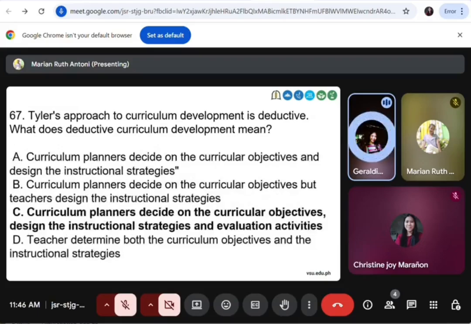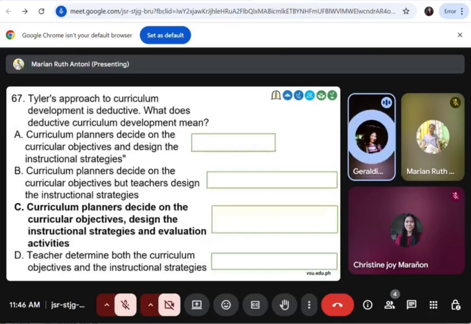So the correct answer is letter C. Curriculum planners decide on the curricular objectives, design the instructional strategies, and evaluation activities. So why is it the correct answer? It's because Tyler's model is known as the deductive objective-based approach. It starts with identifying general objectives, followed by planning learning experiences and assessments aligned with this goal.